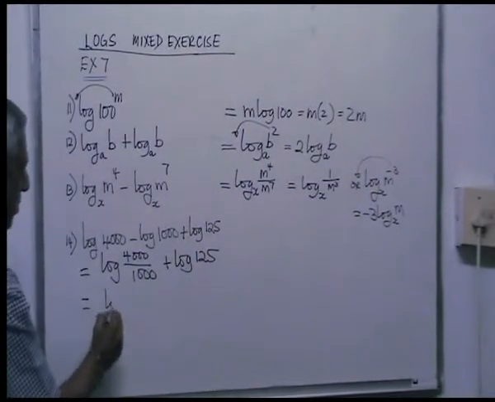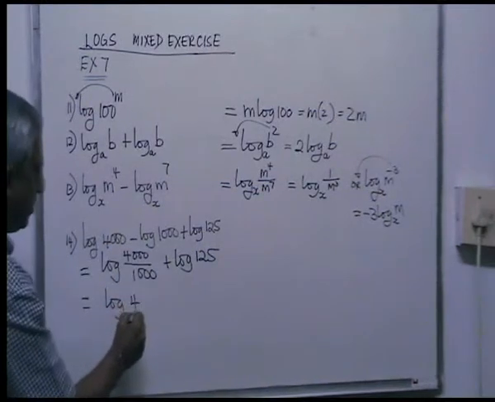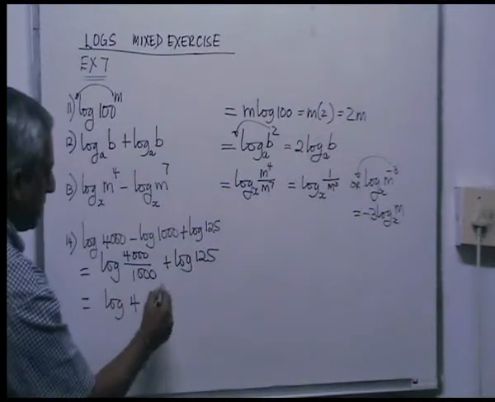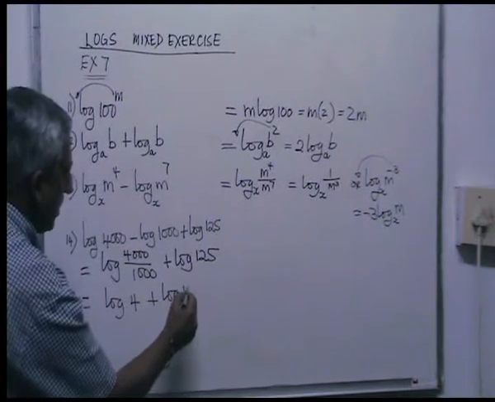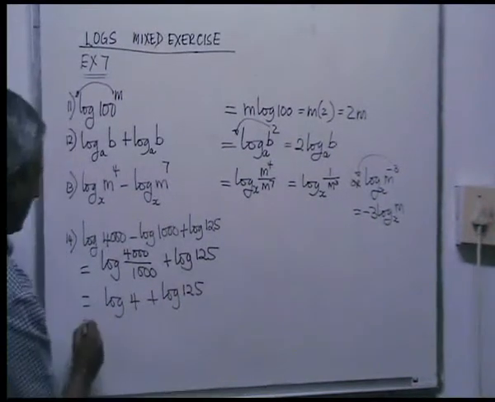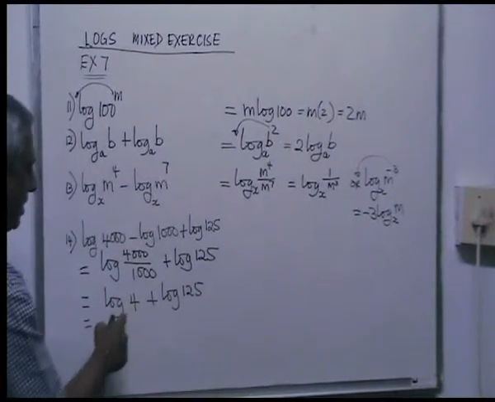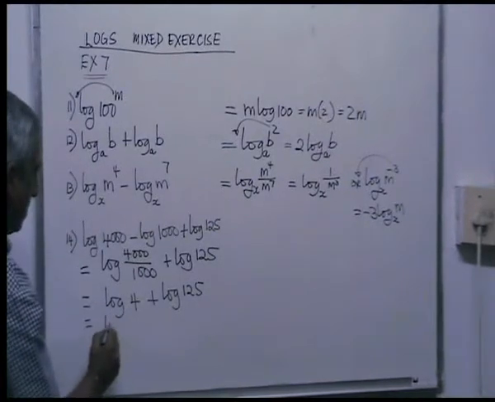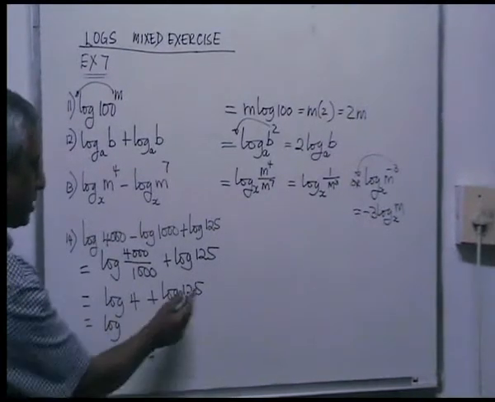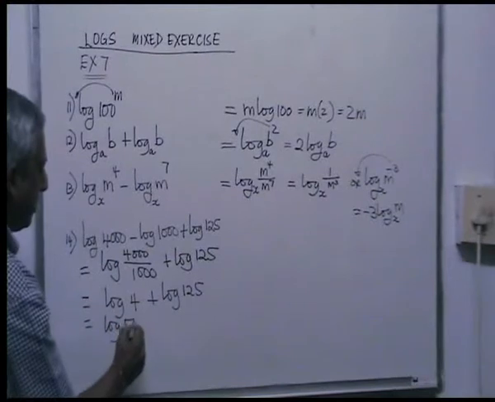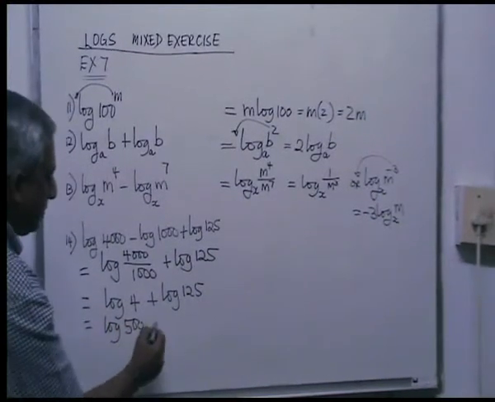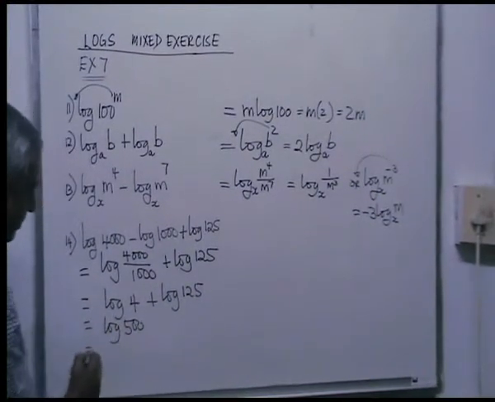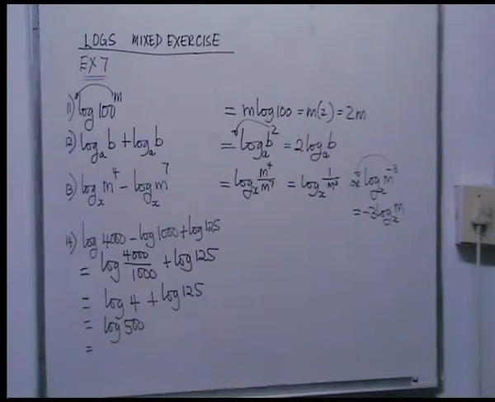Now this part becomes log of 4 plus log of 125. Now we use the product law here because the bases are the same. You end up with log of 4 times 125, which is log of 500.